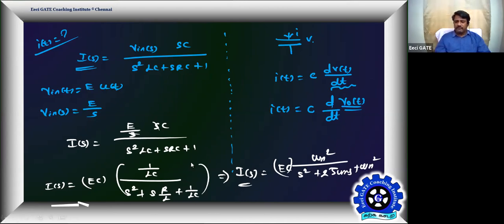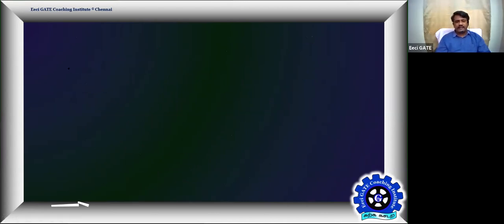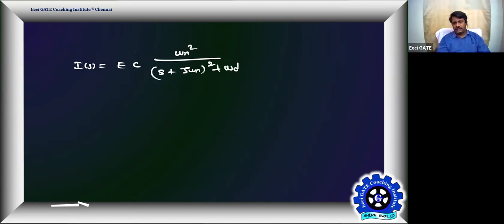From this you can find i(t). So I(s) equals E times C times ωn² by (s plus ζωn) whole square plus ωd².